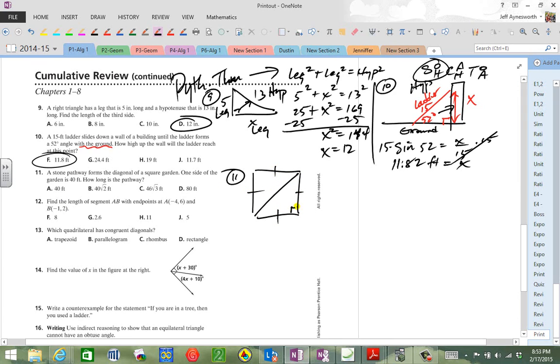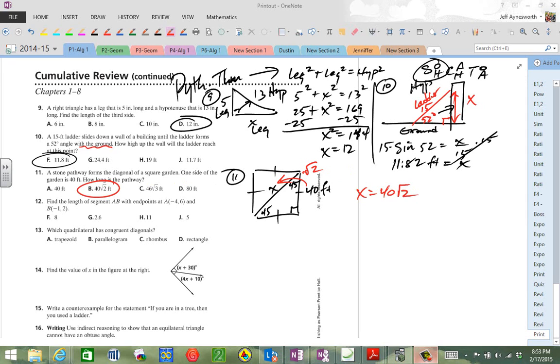Now it's a square, so this has got to be 45. One side of the garden is 40 feet long. How long is the pathway? Let's call this x here. There's no work to be done. To go from leg to hypotenuse, you multiply by rad 2. That's all you do. So x is equal to 40 rad 2, and you're done. And it has to be B right here.